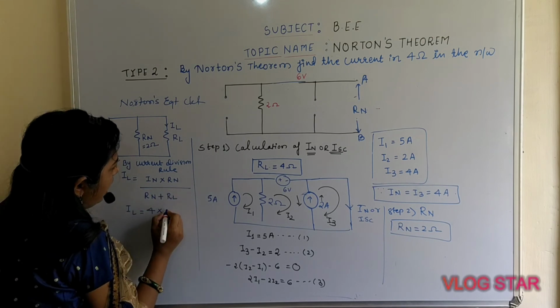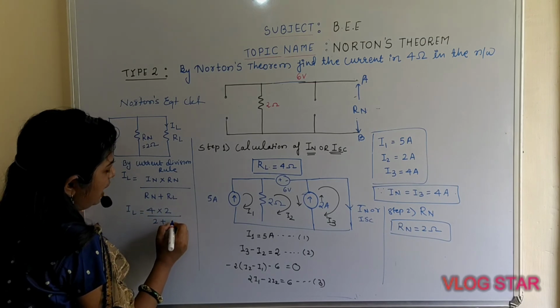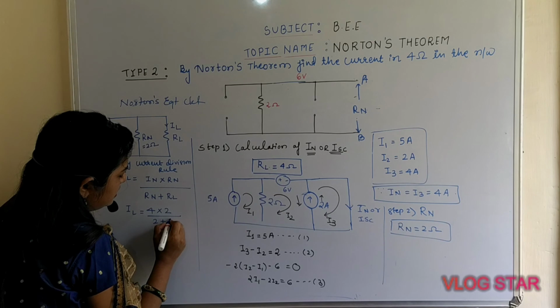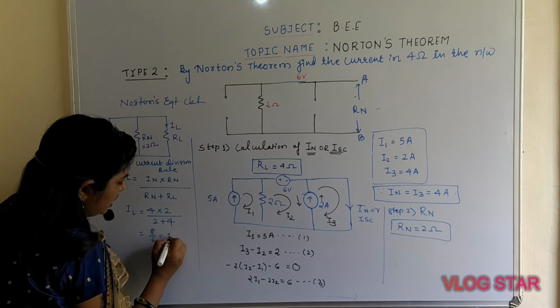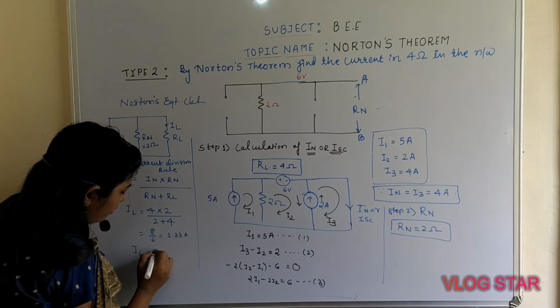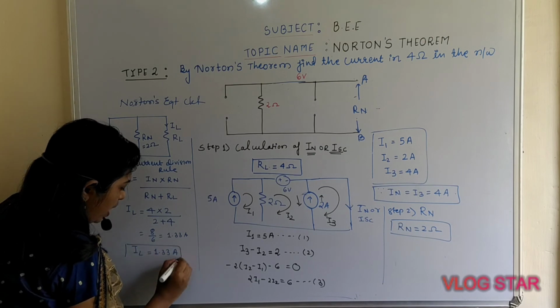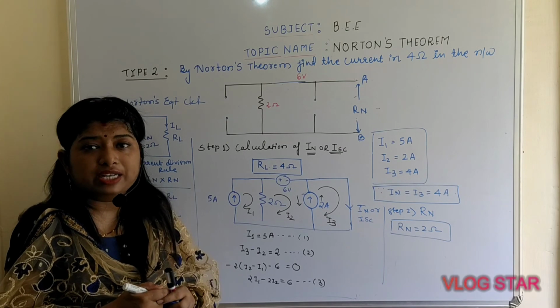Rn is 2 ohm, and what is the value of RL we have considered? It is 4. So 4 twos are 8 divided by 6, which is equal to 1.33 ampere. So the load current flowing through the load resistor is 1.33 ampere by simply using Norton's theorem.